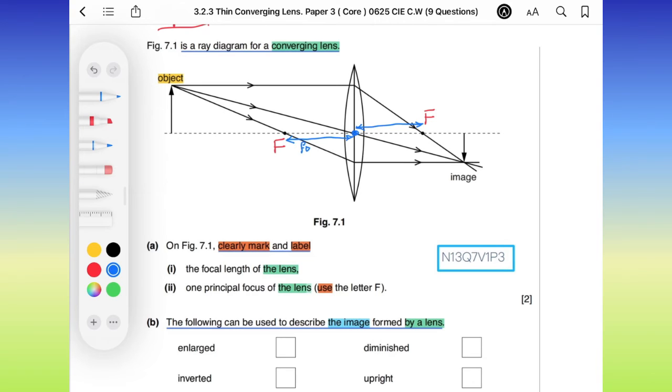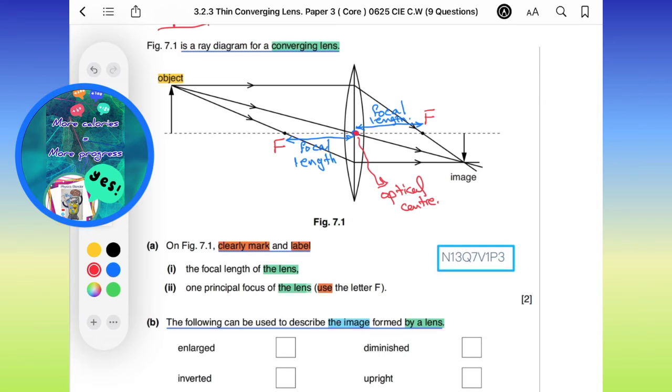So write here focal length, and here also focal length. It's the distance between the optical center and the focus. This point at the center of the lens is called the optical center.